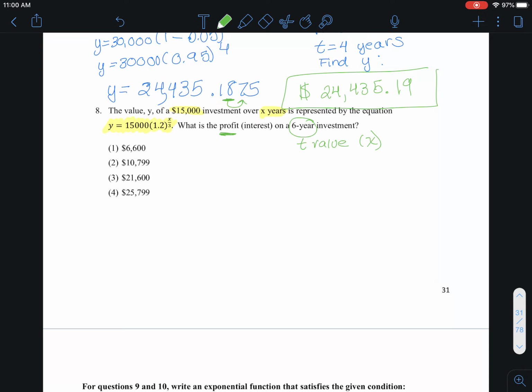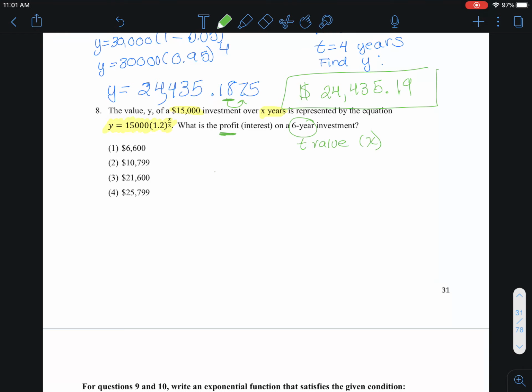If you have $10 and you put it in the bank, and then let's say after a year you have $20, you made $10. You didn't make $20. You started with 10 and you add on an additional $10. It'll make more sense once we actually solve.